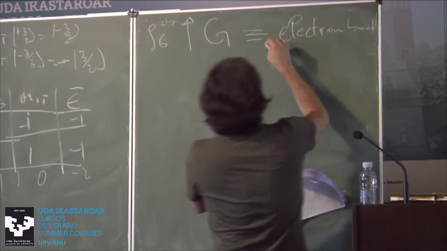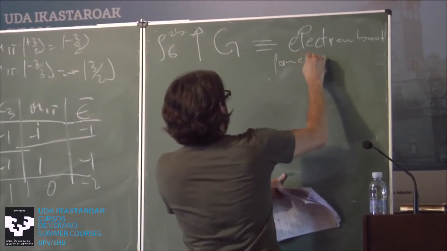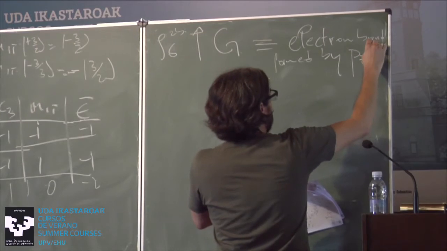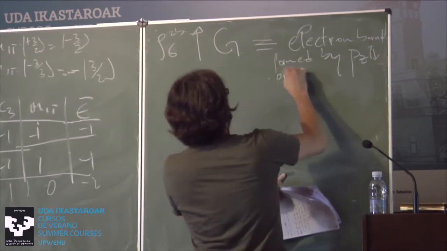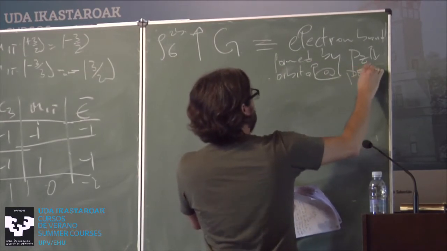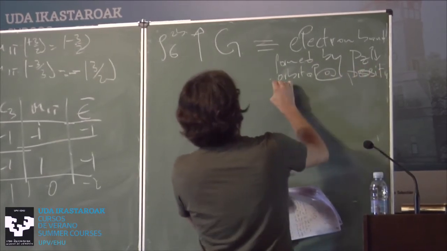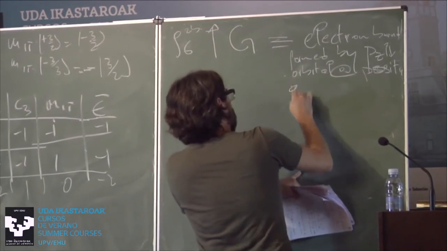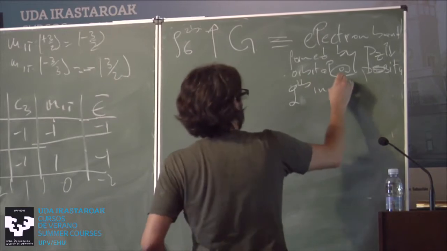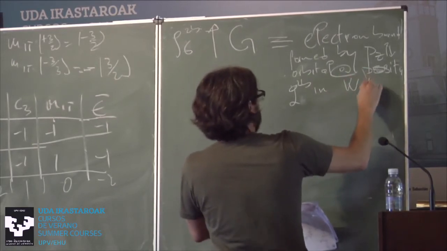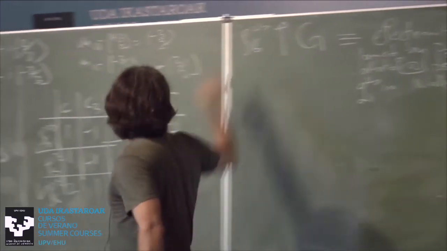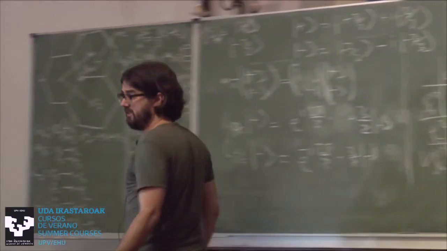Electron band formed by PZ spin 1/2 orbitals sitting at position Q2B in the graphene lattice in wallpaper group 17. Okay? This is it. So let's find out how to do a representation induction.